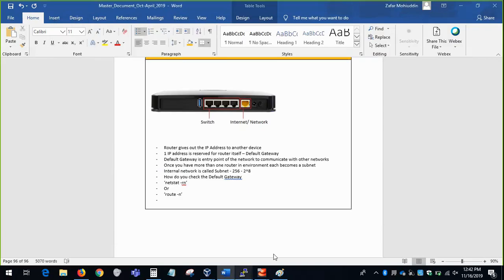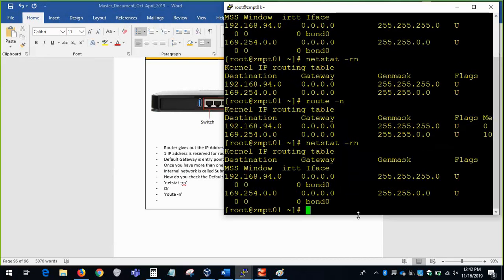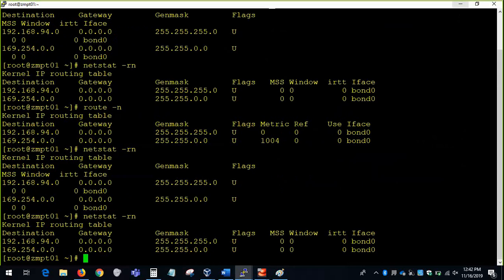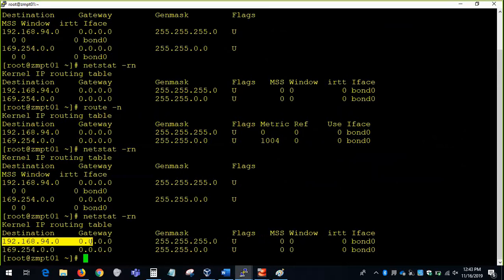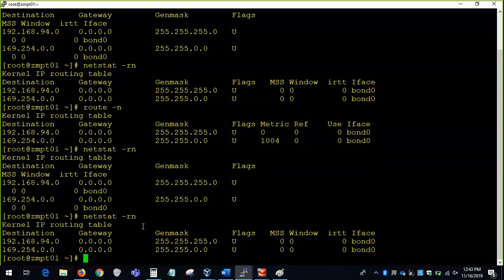Let's work on 7. So netstat -rn. This is the destination IP and then the gateway. The gateway is showing 0.0.0.0.